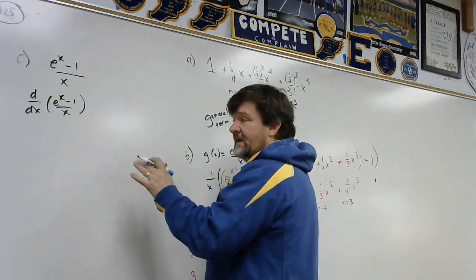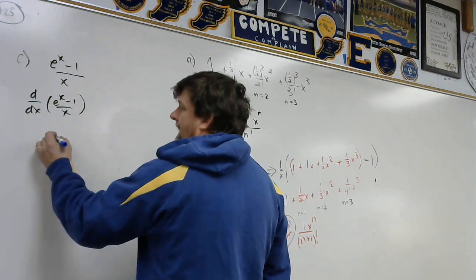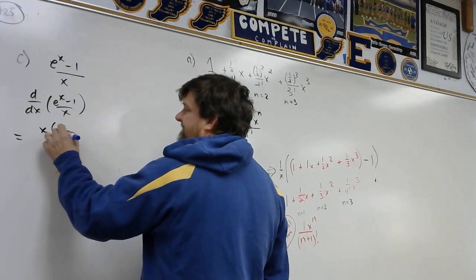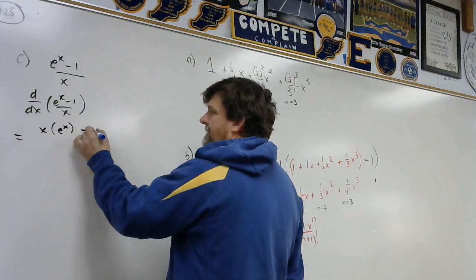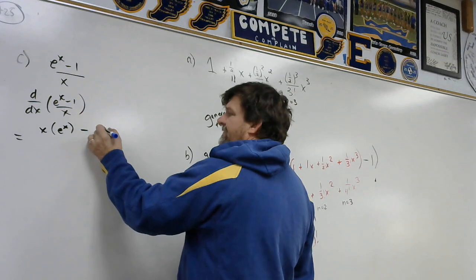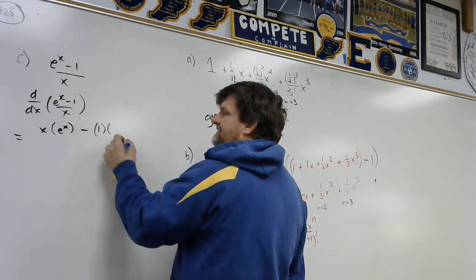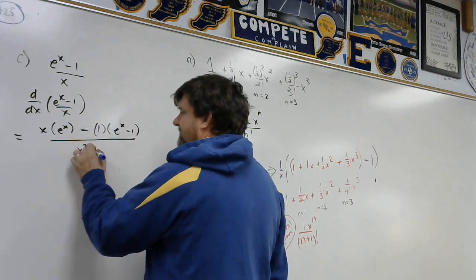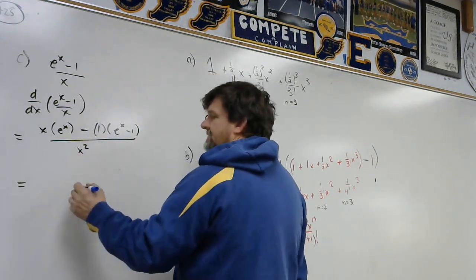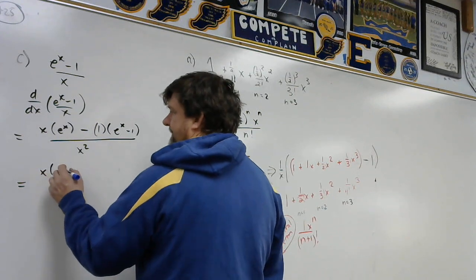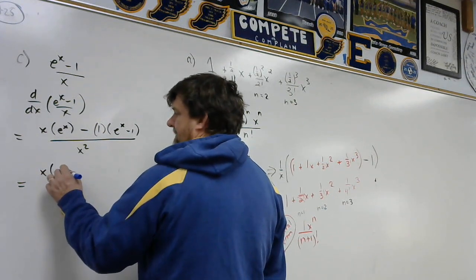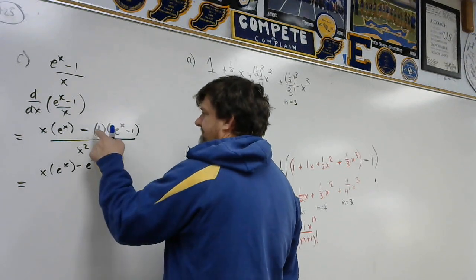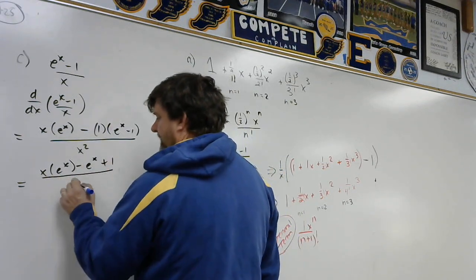And so that derivative is going to be a quotient rule. So we're going to have x times e to the x minus our derivative of x, which is 1, times e to the x minus 1, all over x squared. So let's clean this up. So we get x e to the x minus e to the x plus 1 all over x squared.